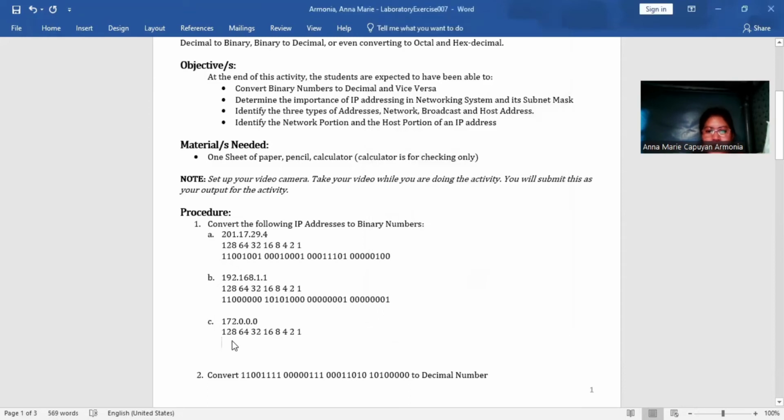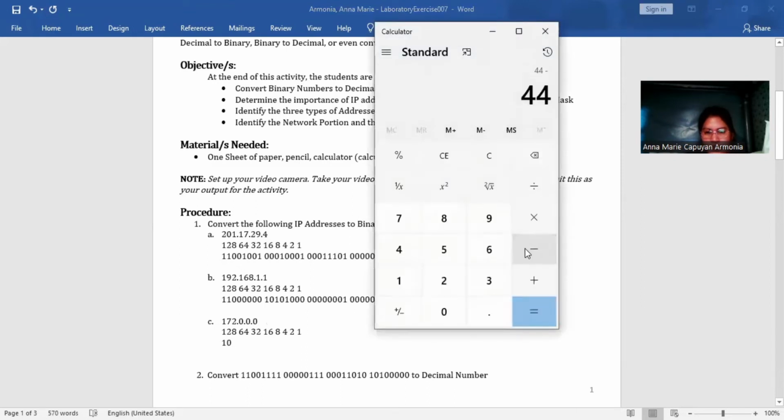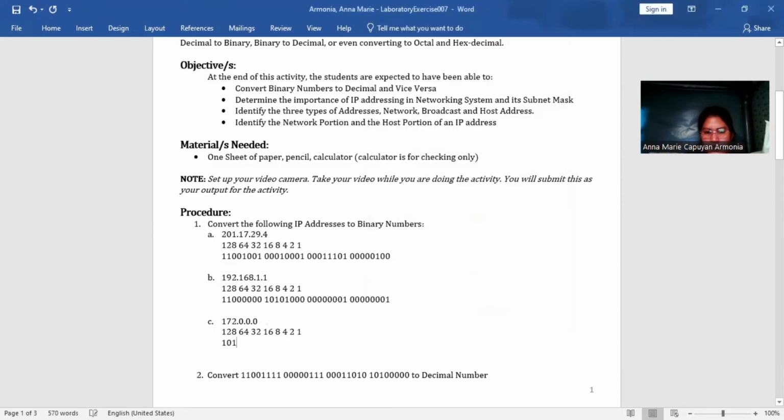So meaning 1, but the difference is 44. Of course we cannot deduct 64 from 44, so we'll put 0. And then 32 can be deducted from 44. So let's deduct 32 from 44. Okay, and then we have 12. So we have to put 1 here again.